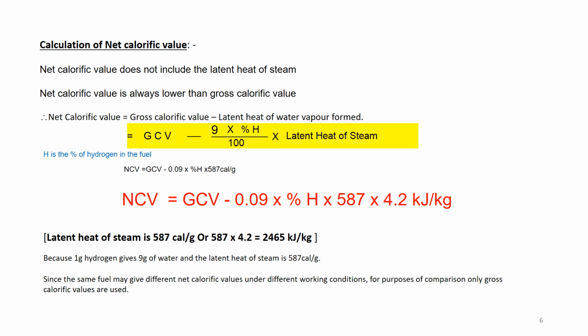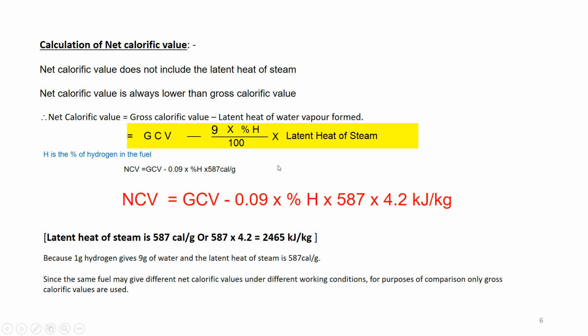Why do we take 9 here? 2 grams of hydrogen gives 18 grams of water, because of the molecular weight of water, H2O. So 1 gram of hydrogen gives 9 grams of water. So that's why we have taken 9 here.